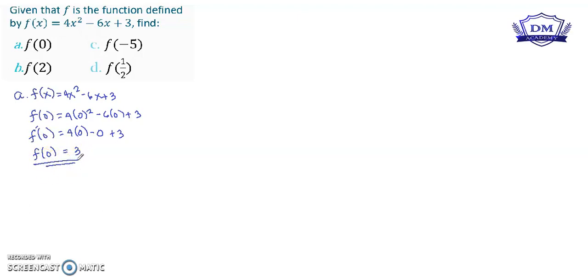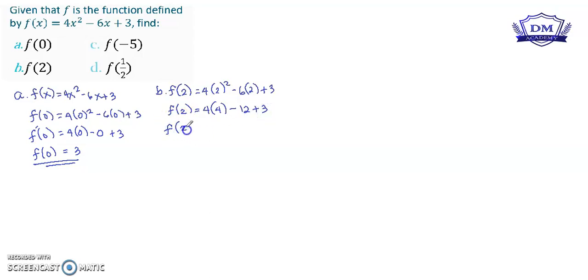Another one. For b, let us evaluate the given function f of 2 is equal to 4 times 2 squared minus 6 times 2 plus 3. f of 2 is equal to 4 times 2 squared is 4, minus 6 times 2 is 12, plus 3.